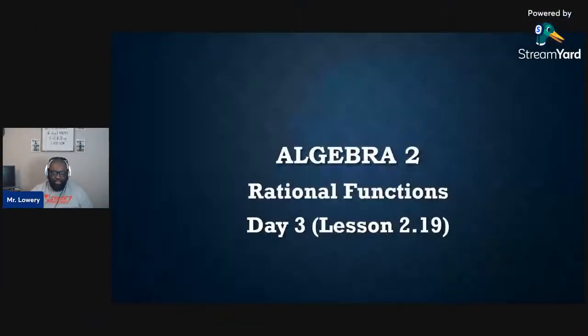And so what we ended up doing in class regarding new material was to reuse a piece of information or a skill that we utilized on the assessment to be able to launch into what we're currently talking about. If you're unsure what this topic is, we are currently in the rational function unit, as I talked about this past week.